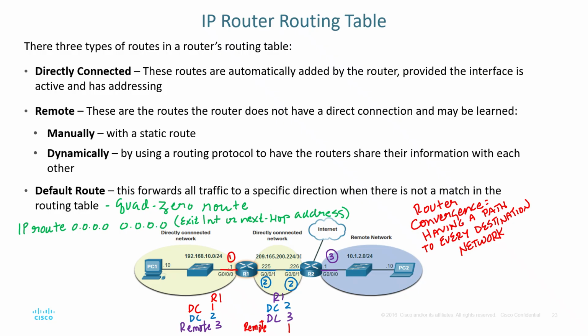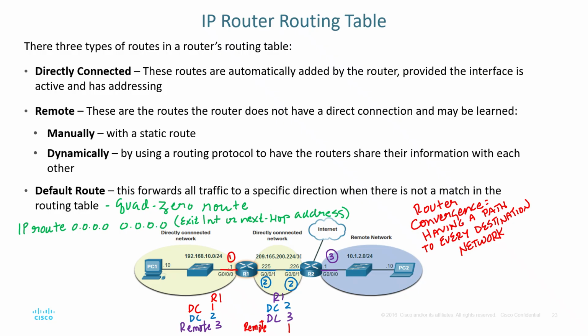So it would be in global configuration. This would be your command, IP route 0.0.0.0 space 0.0.0.0 space. And then I would identify the exit interface on the router or the next hop address.